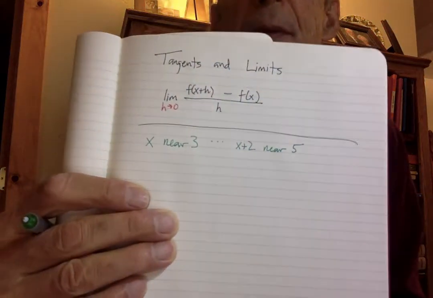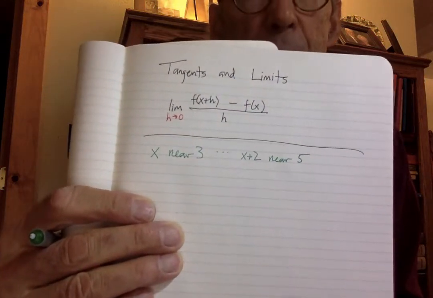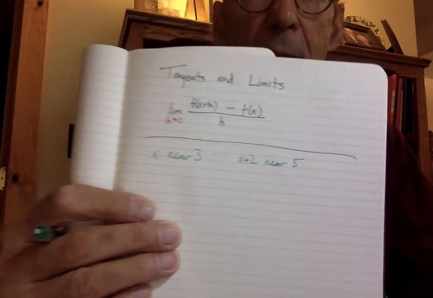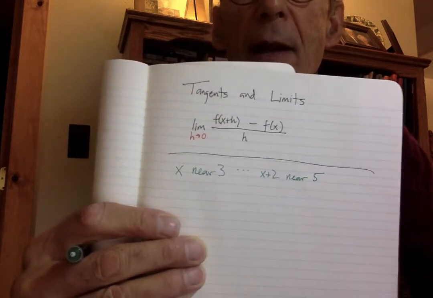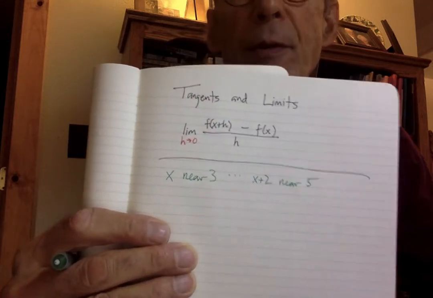I don't think there's a big mystery about that. You can play with that with calculators or numbers. This is pretty straightforward, and that's why I like to say that h is near 0. If x is near 3, x plus 2 is near 5. And if x is near 3, then 3 times x is near 9.